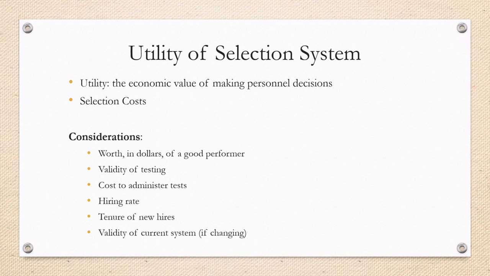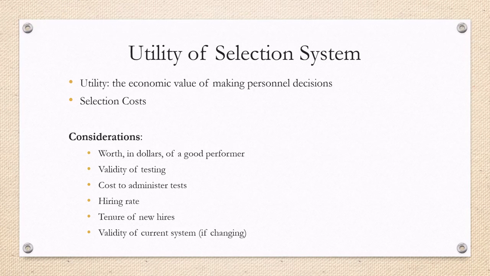We can combine information on assessments of worth of a good performer, of the validity of testing. The higher validity, the more utility it will have. The cost to administer tests. If the cost to administer tests is very high, it's going to be harder to argue the utility.